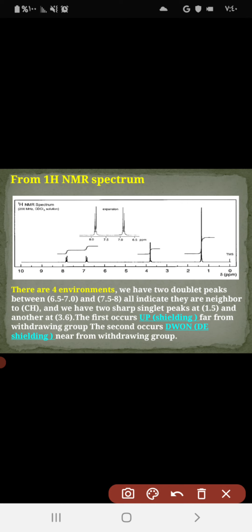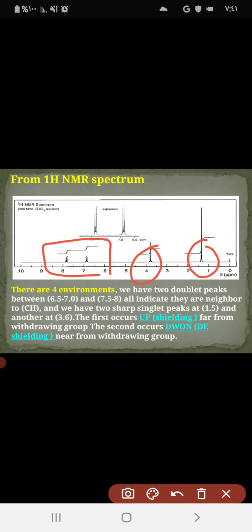Now, using the analysis by the HNMR spectrum, as appears in the following diagram, we have 4 environments. We have 2 doublet peaks between 6.5 and 7 and between 7.5 and 8 exactly, which indicate they are neighbors to the CH. We also have 2 sharp singlet peaks, one at 1.5 exactly and another at 3.6 exactly. The first occurs upfield, shielded.